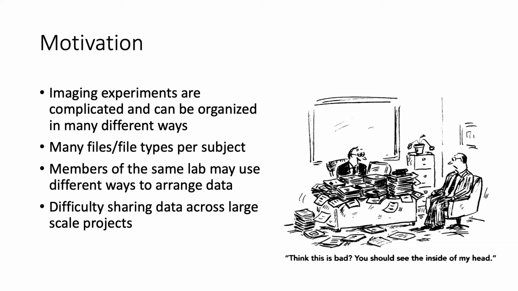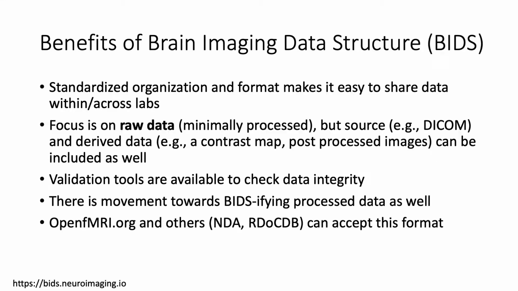Maybe one day we say, let's put this together and look at it cross-sectionally to see if there are changes by age. As long as our sequences are the same and our data is organized the same, it's very easy for us to merge that information together. So it makes it easier to share your data across labs.